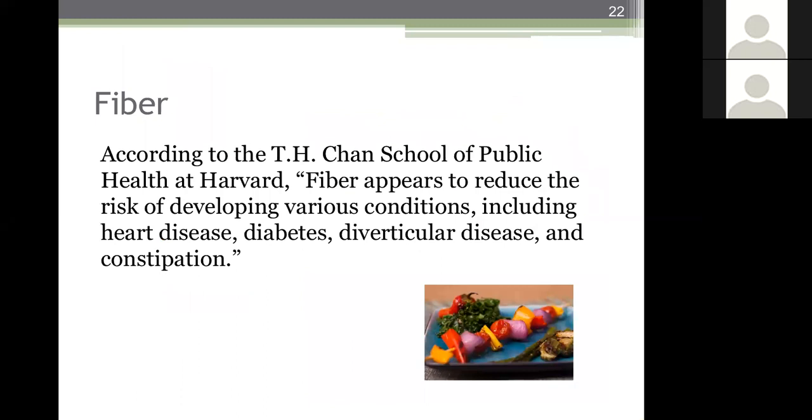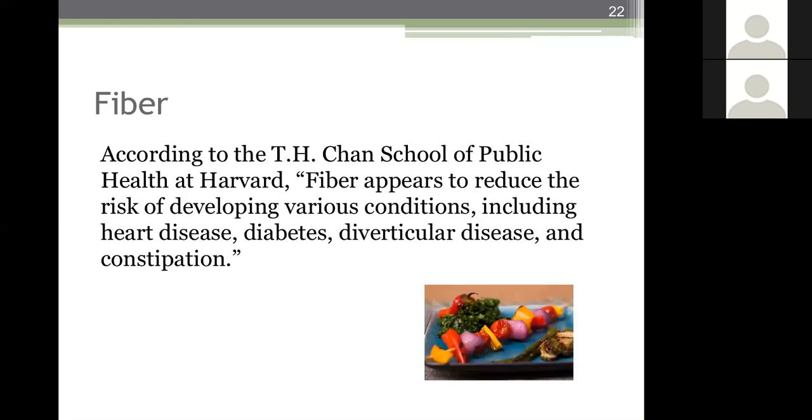Which brings me to my next point, which is fiber. We do know that fiber appears to reduce the risk of developing various conditions, including heart disease, diabetes, and constipation. So this is really important, you guys. We are learning so much about the microbiome, for example, that fiber is absolutely important to keep it going, and as such, I would argue it contributes to the health of your immune system as well.